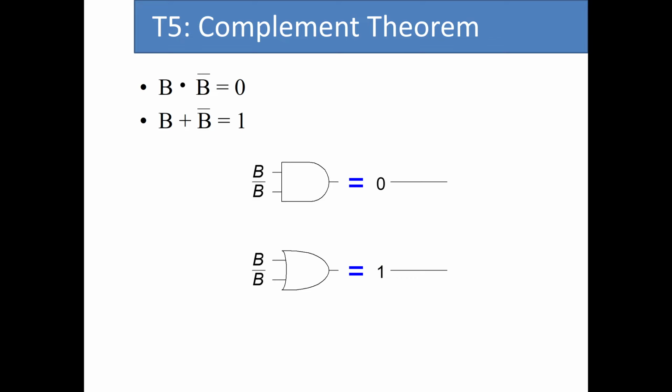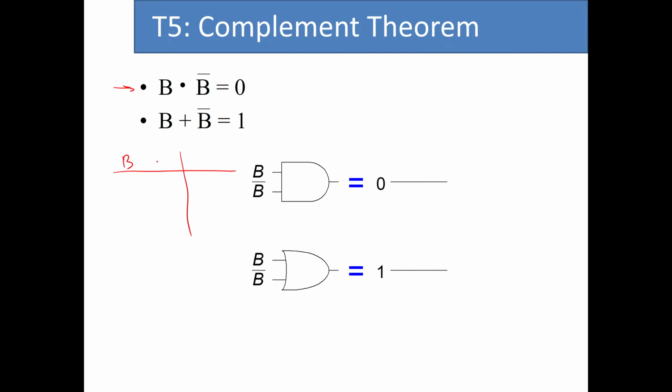And finally, for T5, as one of the basic theorems, we have the complement theorem, which says that b ANDed with b bar is going to be 0. Or visually speaking, if you AND b and b bar, the answer is always 0, no matter what the value of b is. We can easily verify this using perfect induction too.